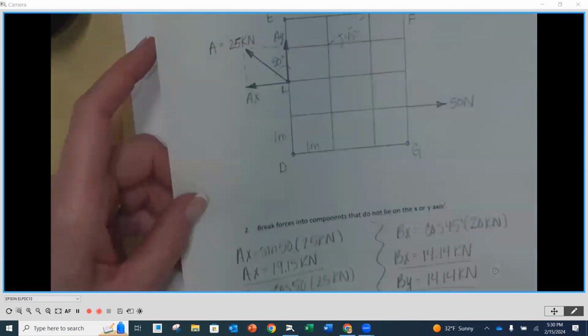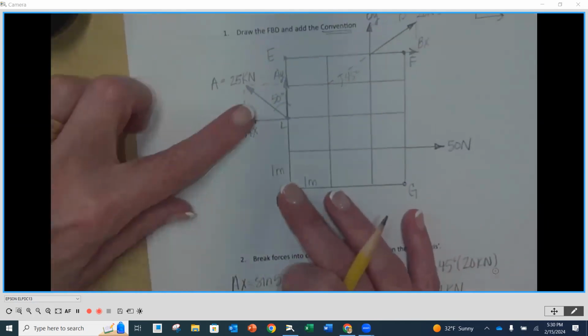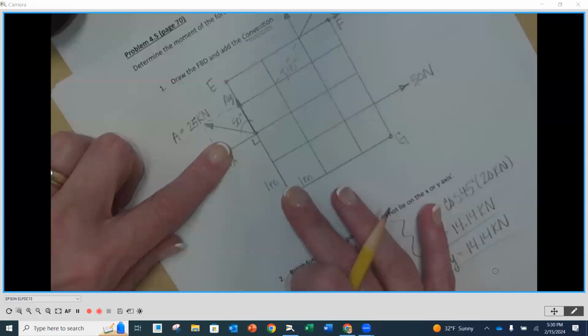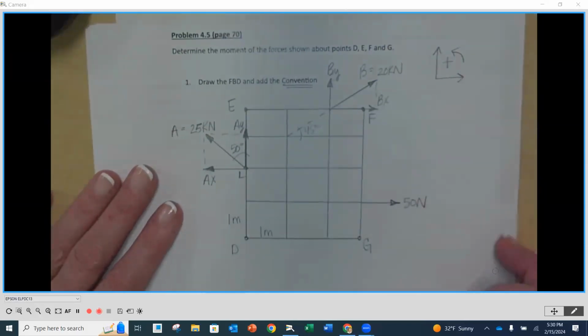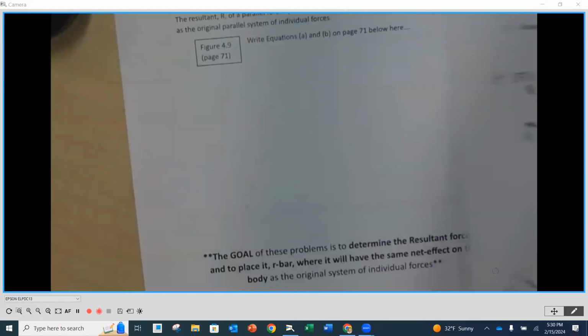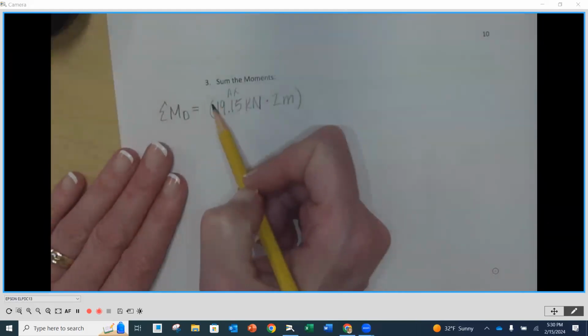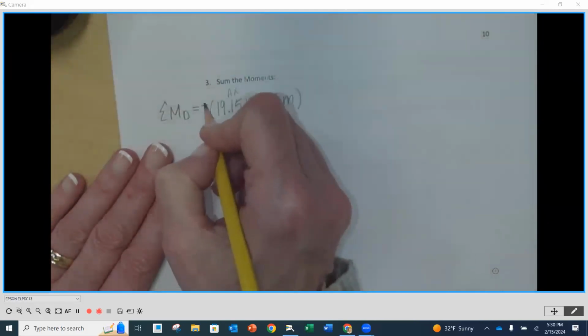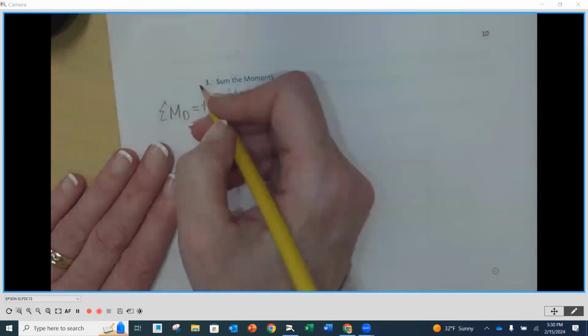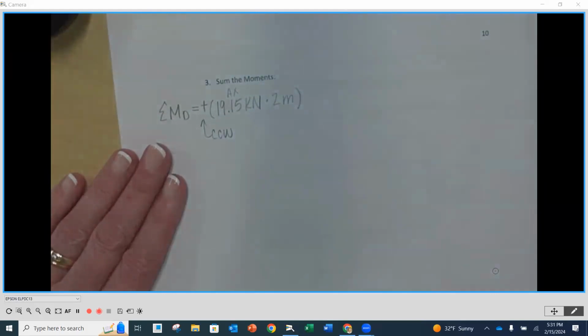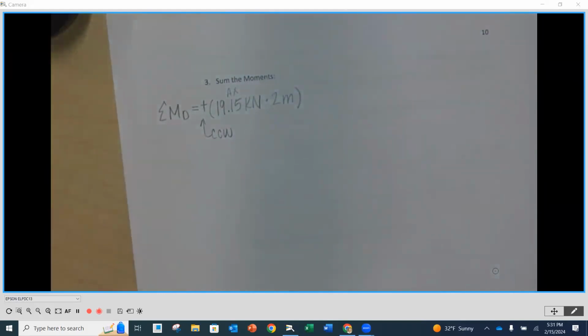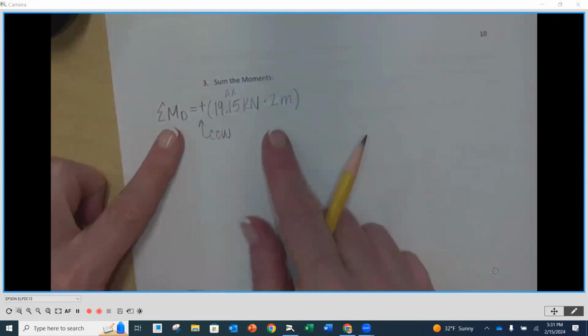I'm going to put my finger on D and rotate. It's rotating in a counterclockwise direction, so that means it's going to be a positive value. Technically, you don't have to lead with a positive here. I'm going to intentionally put it so that you can see that that is the counterclockwise rotation of that moment. But if you left it alone at the beginning, that's okay. All right, so that's our first one.